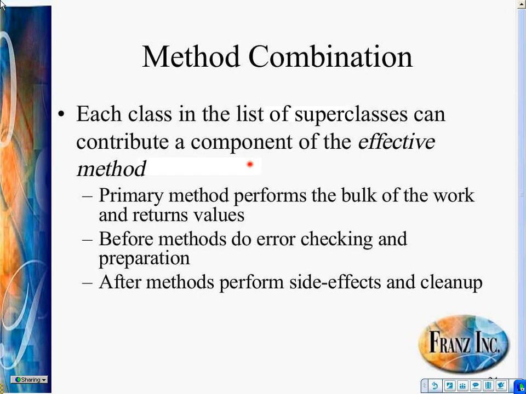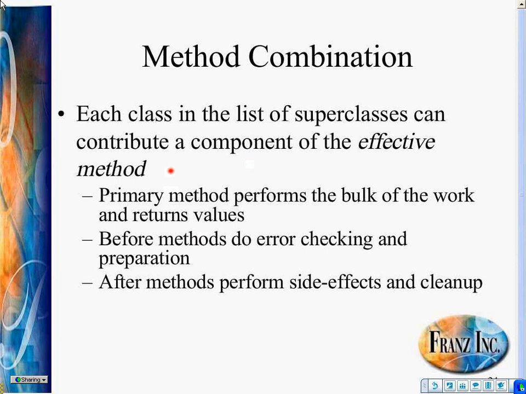Suppose you have a class foo, and it has direct superclasses bar and baz. If there's a save method defined for bar and a save method defined for baz, and not one specifically defined for foo, then it's a question which one is going to run.